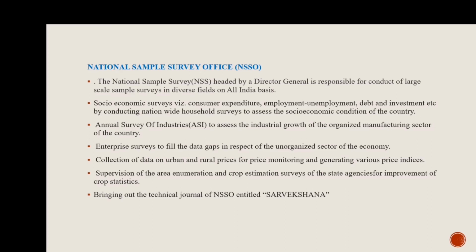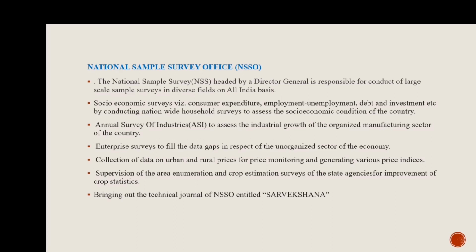Annual Survey of Industries, ASI, to assess the industrial growth of the organized manufacturing sector of the country. Enterprise surveys to fill the data gaps in respect of the unorganized sector of the economy.